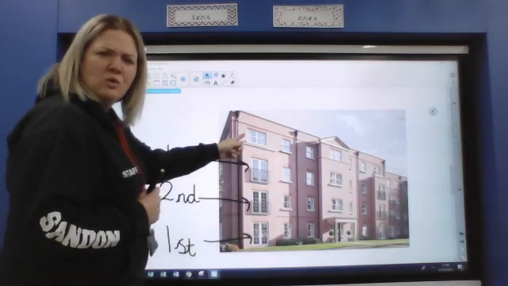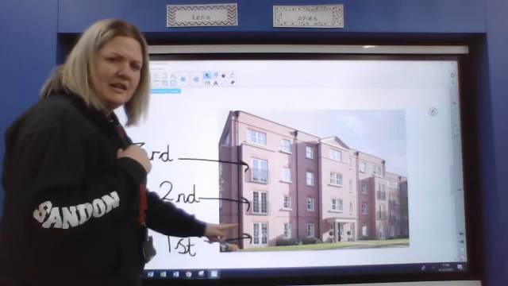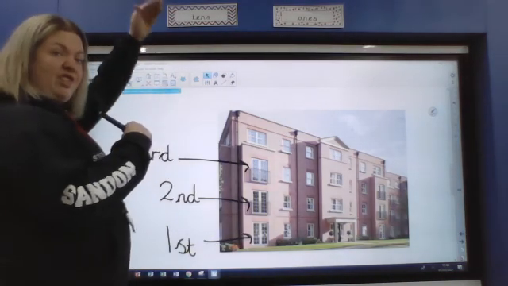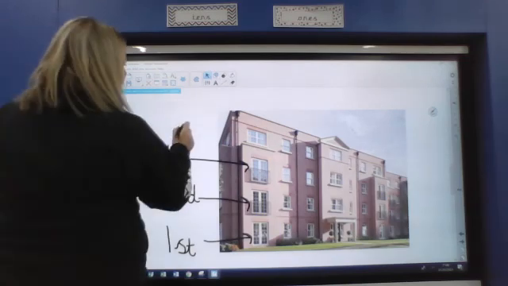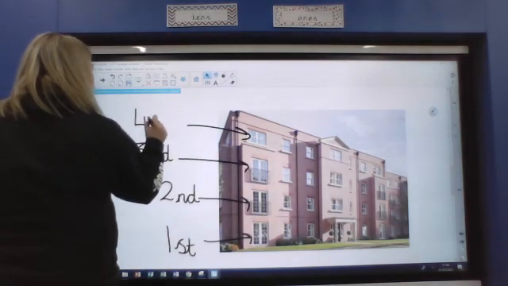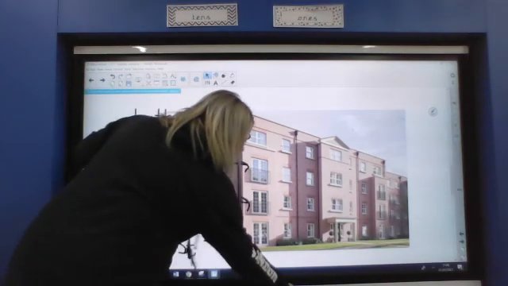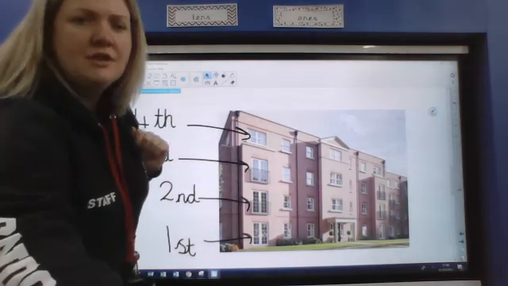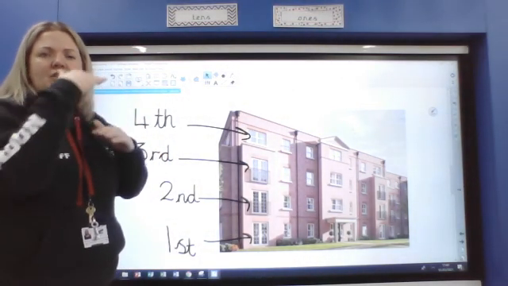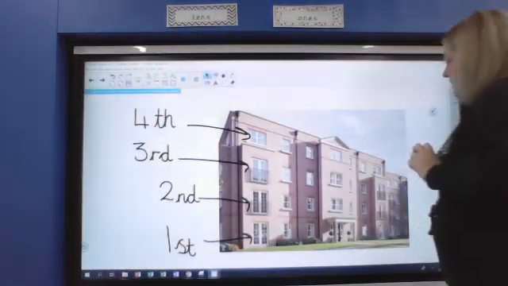This one's going to be 4. So we'd say that this is the first level, the second level, the third level, and the very, very top level is the fourth level. Okay, so it's just another way of showing you how we can use first, second and third. It's not just in races that we would do that.